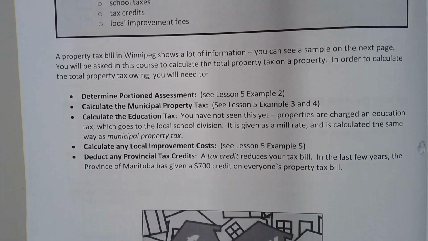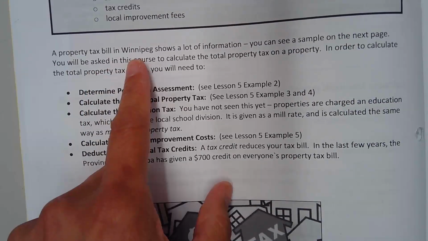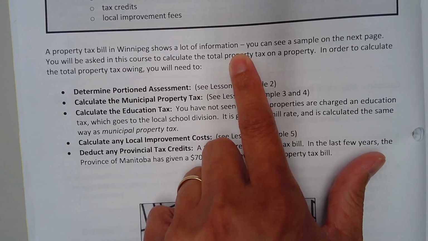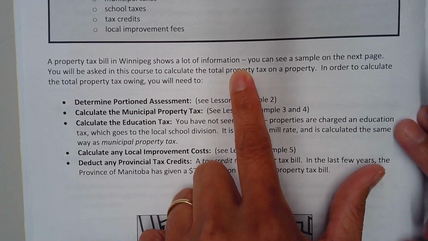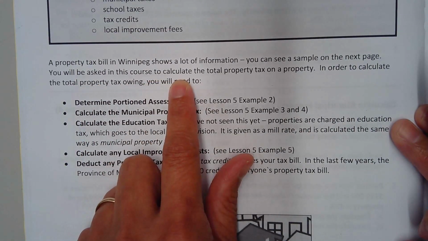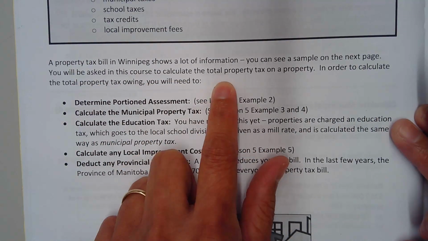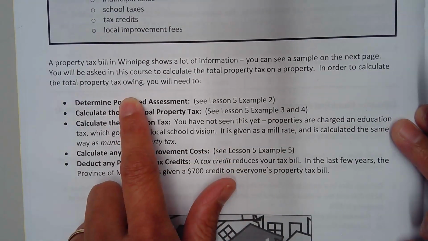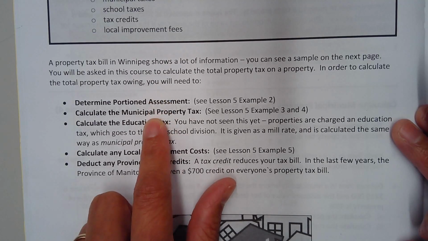Let's take a look at this. A property tax bill in Winnipeg shows a lot of information. So we talked about those information. This is on page 30. So you will be asked in this course to calculate the total property tax. In order to calculate the total property tax, we'll need to find out some stuff.